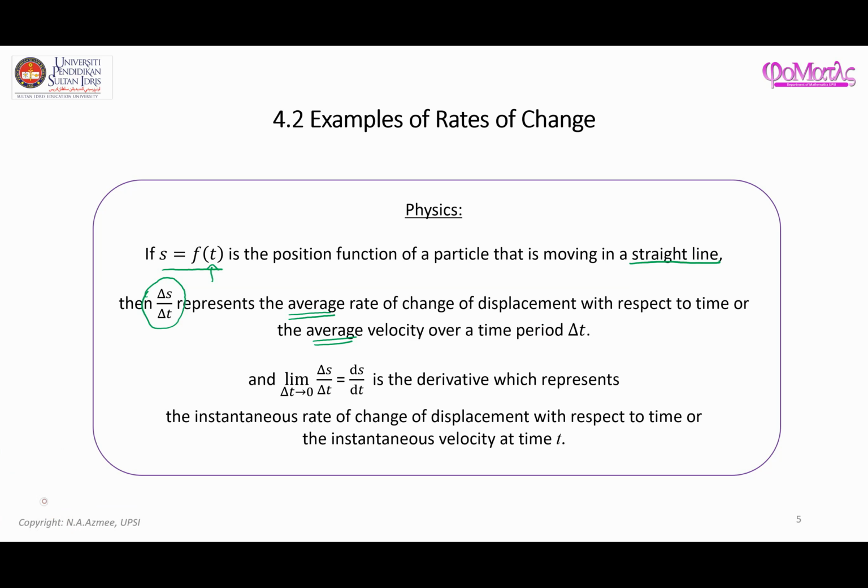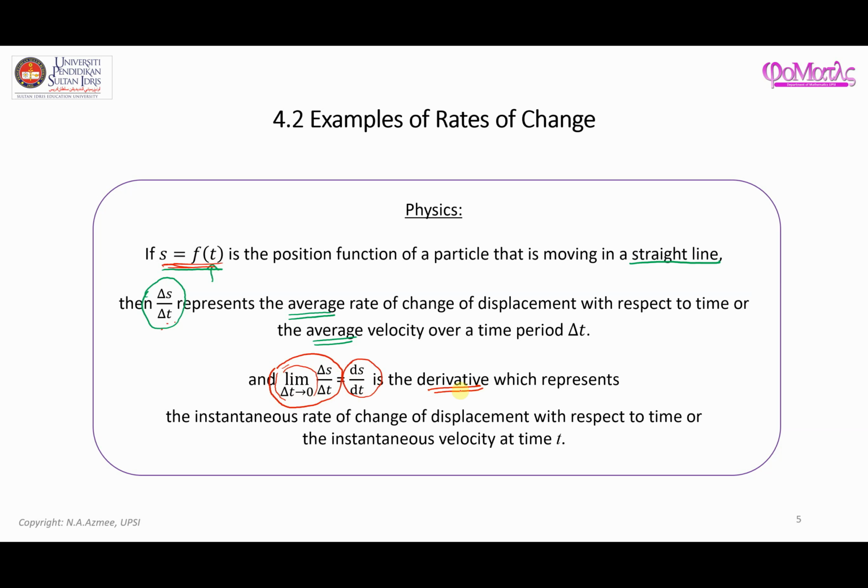Now, this other expression is slightly different, because here we have an additional term, which says that we let delta t approach 0 and find the limiting value of this expression. So in other words, this term is equal to the derivative of the function s, which can also be written mathematically as ds dt.